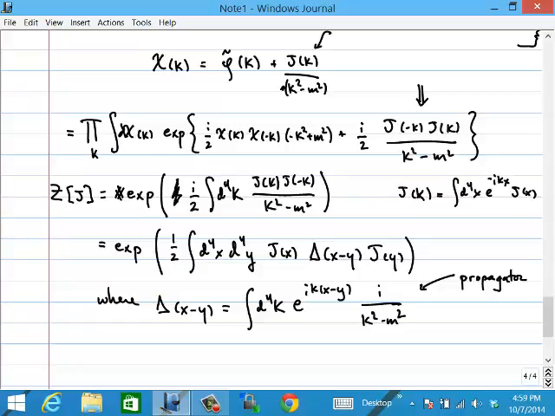And this denominator, k squared minus m squared, that's just the Hamiltonian of a free particle. So that means that i epsilon just has to go in the denominator there, because we have to shift the energies by an i epsilon. Okay, so this is to project onto the vacuum state.